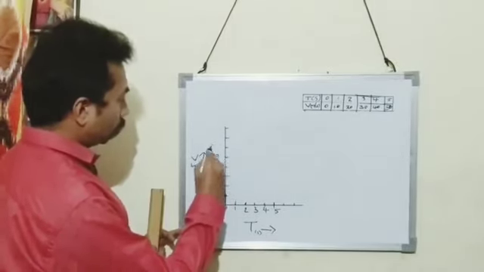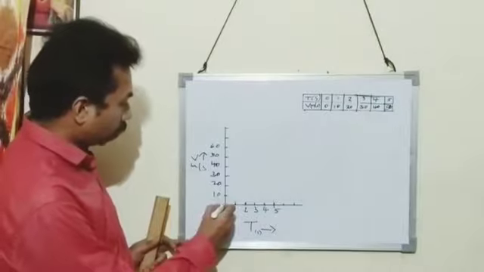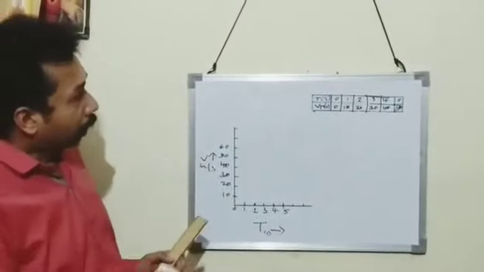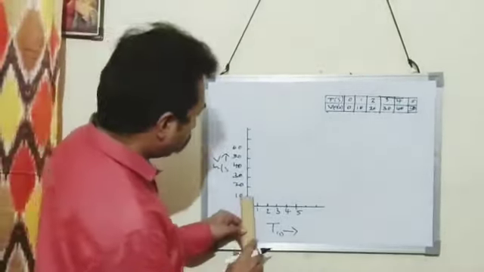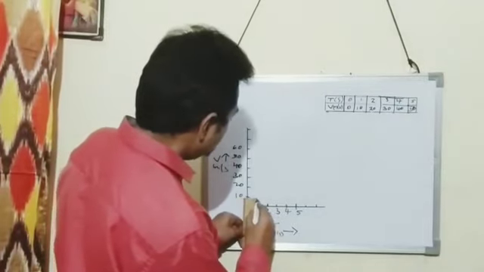Now we have to plot the points: 0, 0, then 1, 10. We have to plot the point at 1, 10.